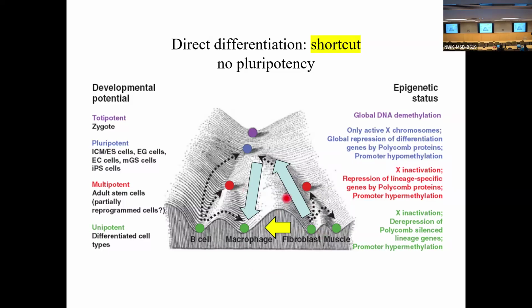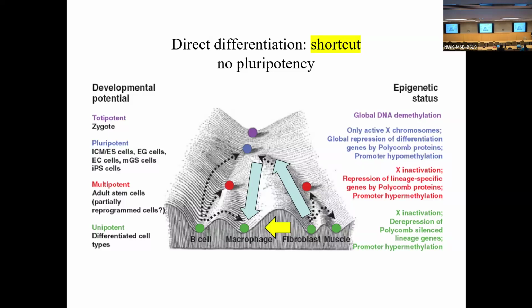But there were other investigators that wanted to go from a fibroblast to a macrophage directly. And that could be done. And they used a similar technique that Yamanaka used. Yamanaka used pluripotent factors to force the system into pluripotency.